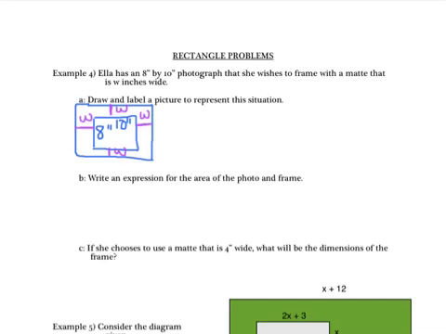Okay, well, area of a rectangle is length times width. So what I really need is this entire length and this entire length. Along the bottom there, it looks like it might be 10 inches, or at least that's the answer I get a lot when I ask that question. But it's not just 10 inches.